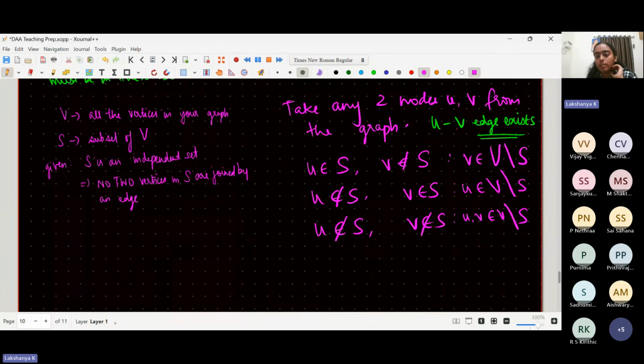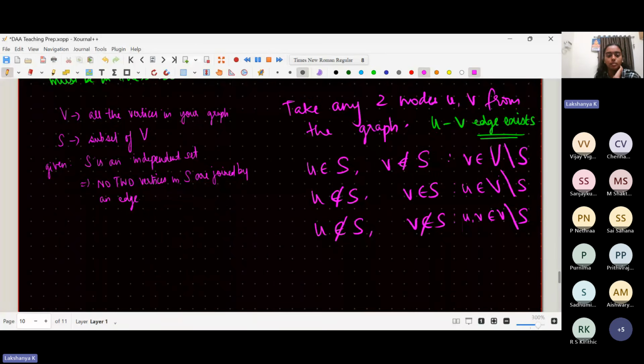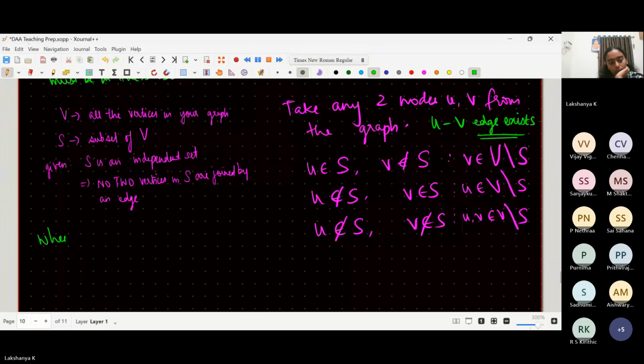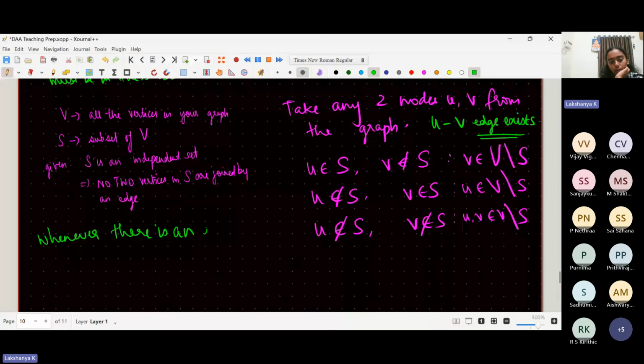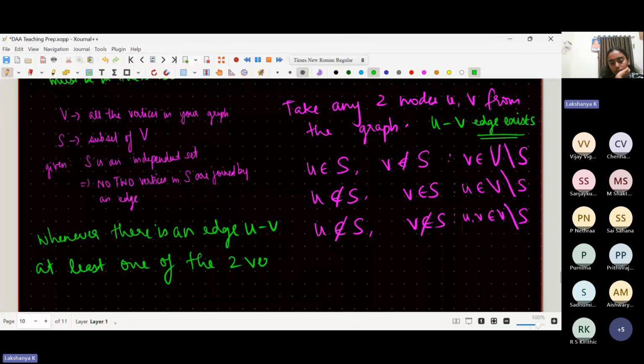So whenever you have an edge from U to V, at least one of the vertices belongs to the set V minus S. Do we see that? Whenever there is an edge between U and V, at least one of the two vertices belongs to V minus S. Does everyone agree?